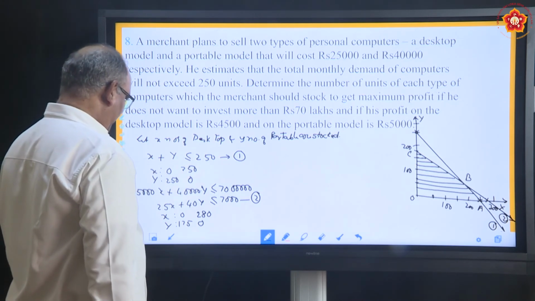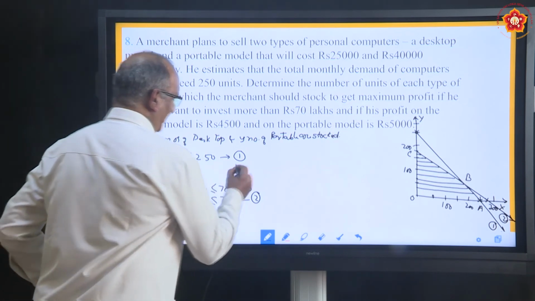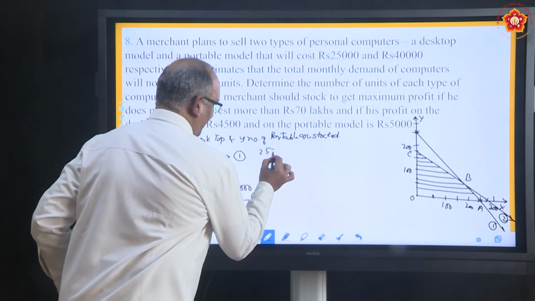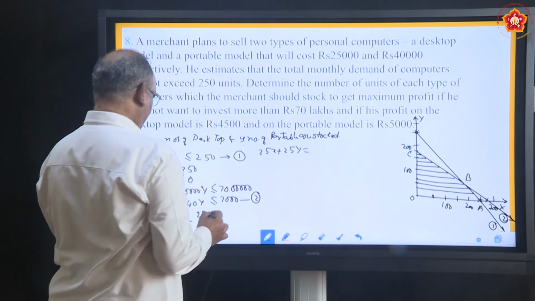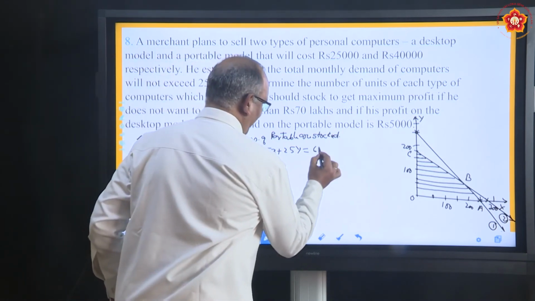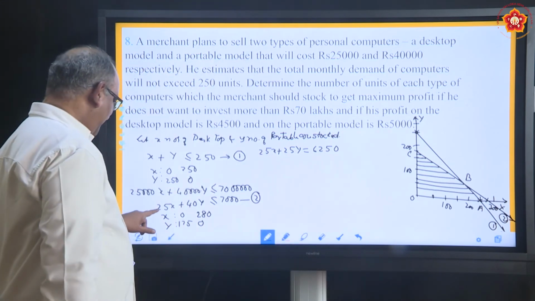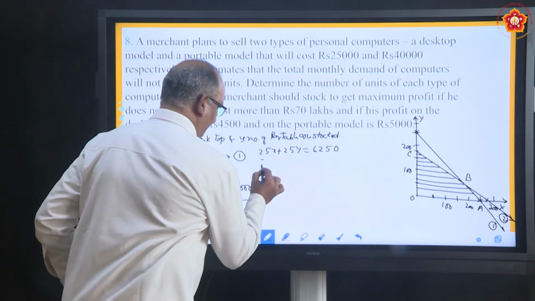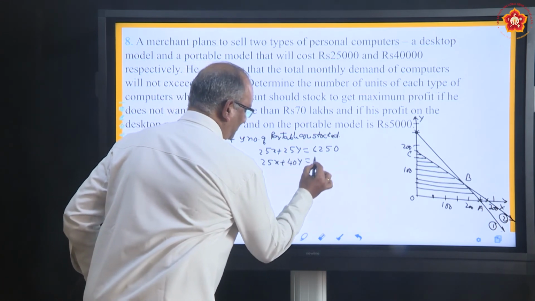Let us say we multiply the first equation with 25, you will get 25x plus 25y equal to 250 into 25, so 6250. The second equation is 25x plus 40y equal to 7000.